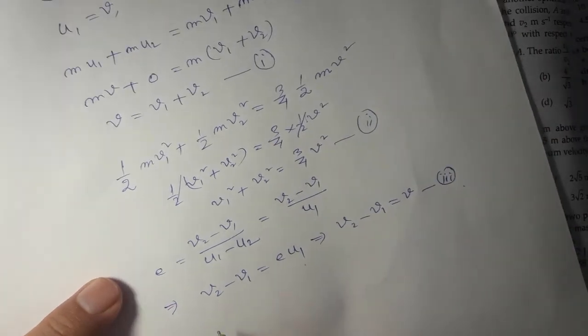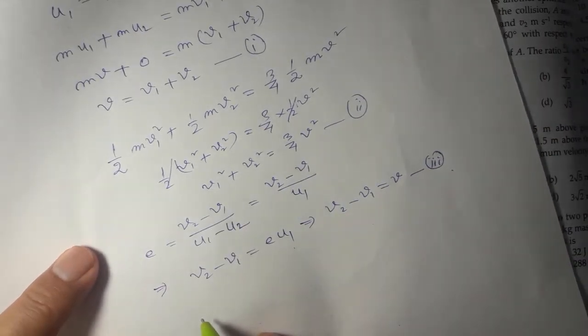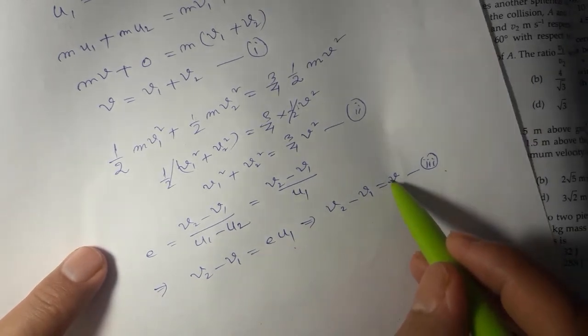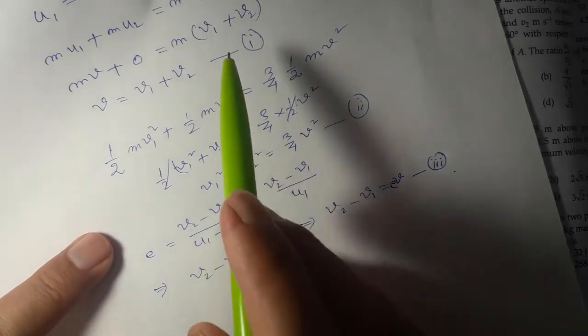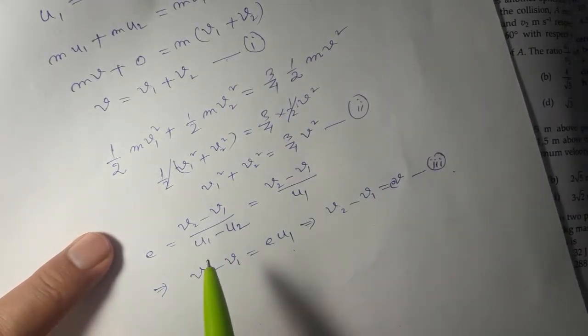So you have got 3 equations. We'll be using these 3 equations and we'll try to find out this value of E, coefficient of restitution. Now let us try to factorize the 3 equations, 1, 2 and 3.